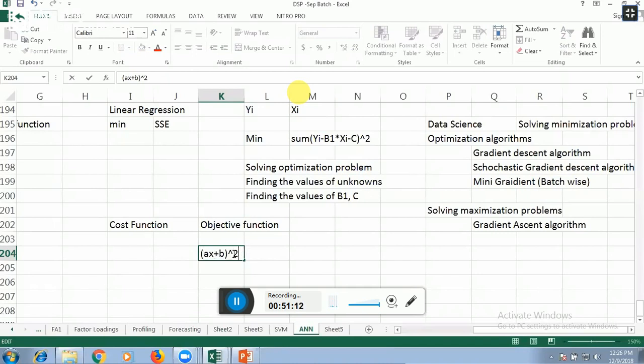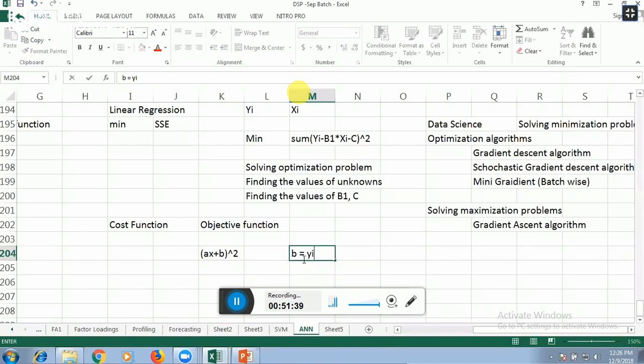This is the kind of formula, right? If you look at it, you can consider beta 1 as x, and yi and c, assuming they are constants, and xi is nothing but a. Can I say that this is ax plus b whole square? What I'm saying is I'm just modifying this in such a way that yi minus c is a constant, which we call b.